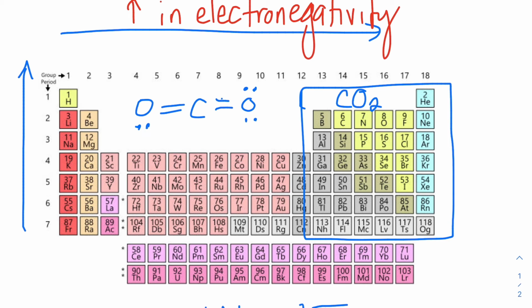Basically, oxygen and carbon, nobody's stealing anyone's electrons because they're very close in electronegativity. Instead of actually transferring the electrons from one atom to another, they're sharing them. Carbon says, okay, I've got 4. Oxygen says, I have 6. Can I share 2 of yours? And you can share 2 of mine.